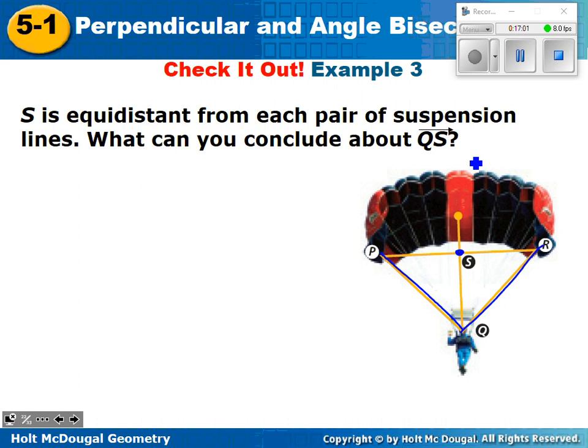No, because remember that when you draw your distances, if it's saying equidistant, that has to be drawn perpendicularly. So it's saying these distances are equal. Okay? So be careful there. What can you conclude about ray QS?